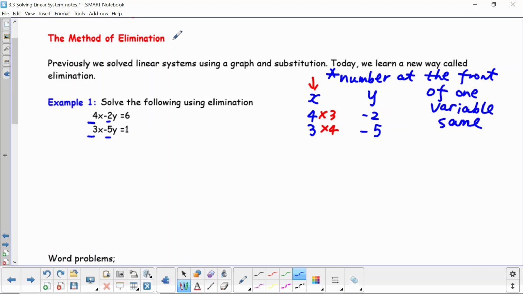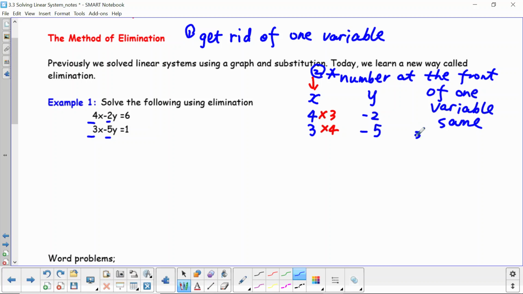So elimination means we are going to eliminate one variable, get rid of one variable from the two equations. This is our thought of what we want to do. And how we are going to do it is we change the number in front of one variable to be the same.